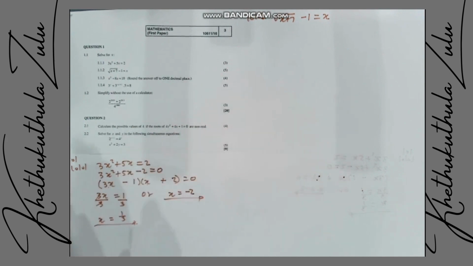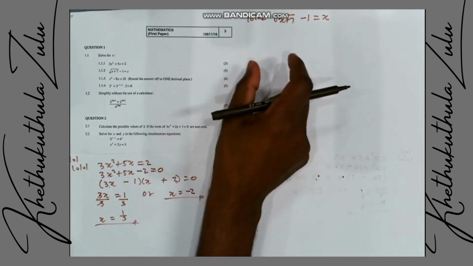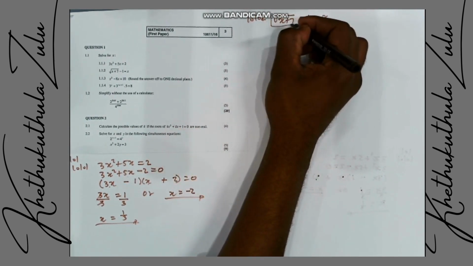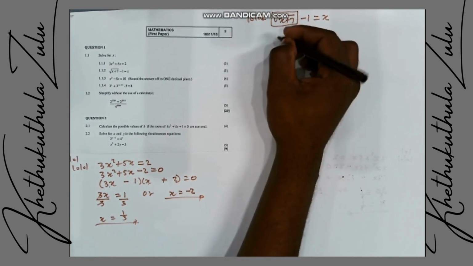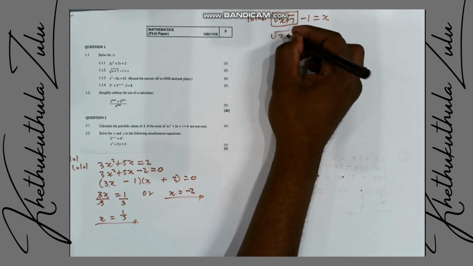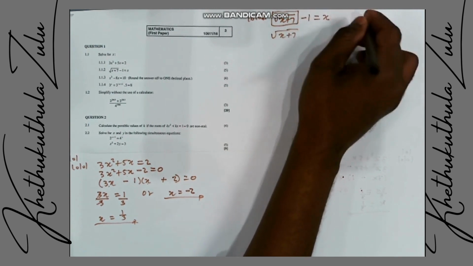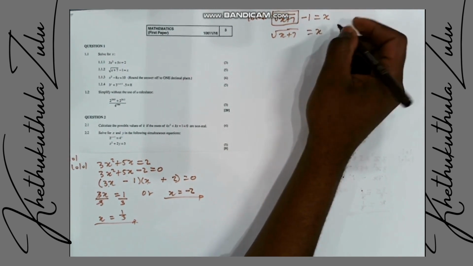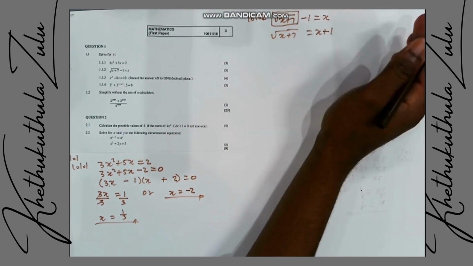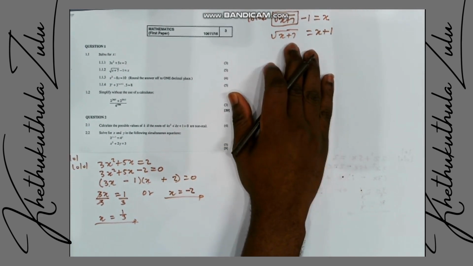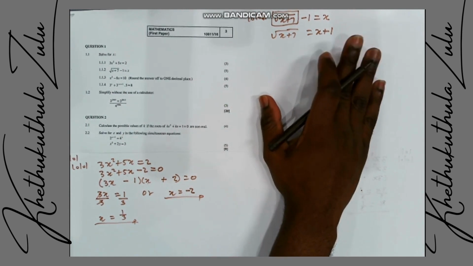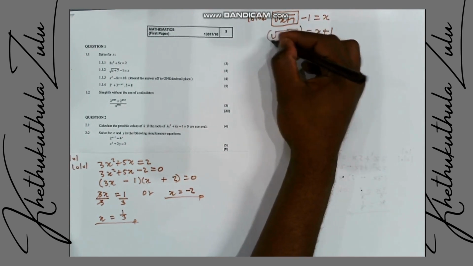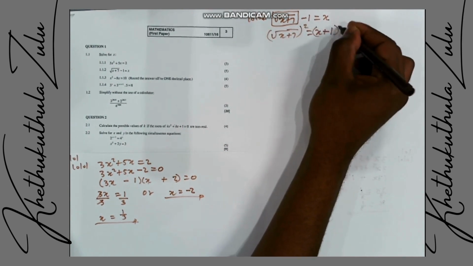Take this 1 to the other side, where it's just x plus 1. Before you do anything, make sure the root thing is alone, and the other one is alone on the other side. Then from here you can just square both sides. What you do on the left hand side, you do on the right hand side.